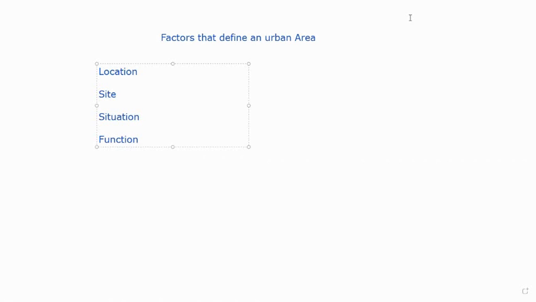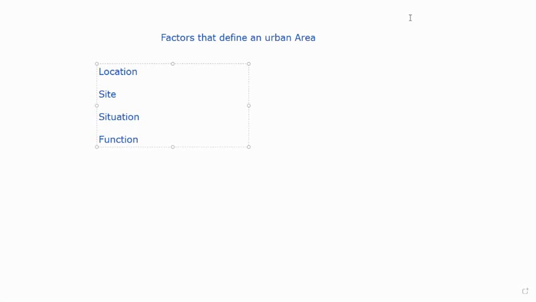It also includes demand for any specific commodity or good, that is, what people need in that particular area, or what other areas are expecting from that area. So this is the factor of situation.